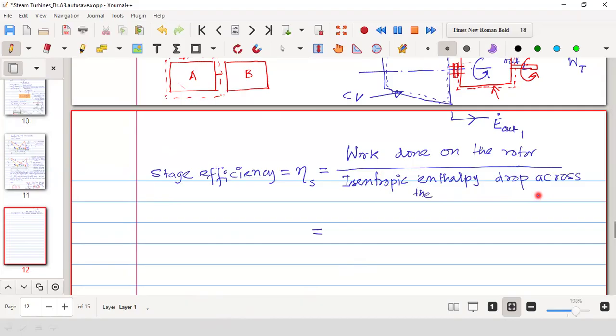I encourage you to ask questions so that the concept would be clear, because many things, all these definitions, are already there in the book, but discussion on the concept is more important, I think. So you will definitely ask questions. Isentropic enthalpy drop across the stage.